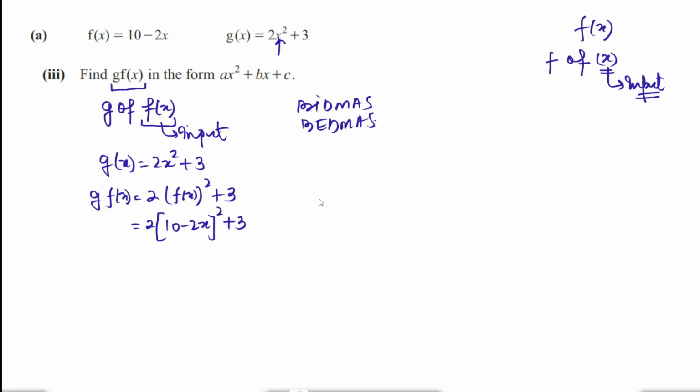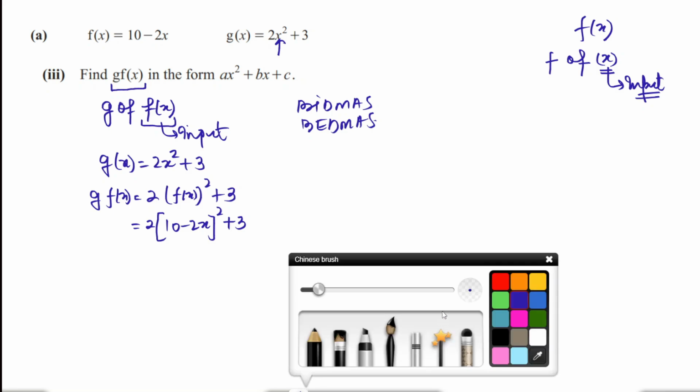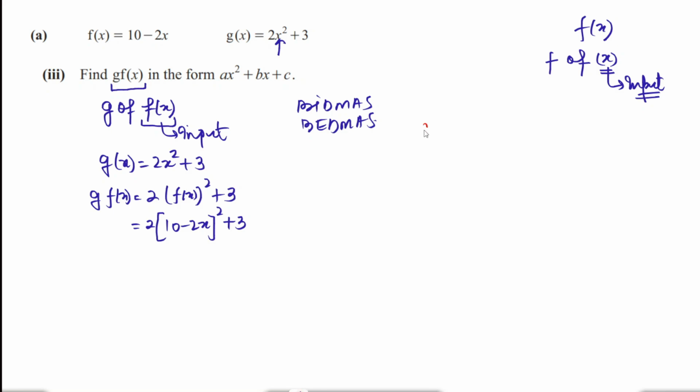The bracket can be solved using two methods. One is the algebraic identity: a minus b whole square is always a square plus b square minus 2ab. Second, if you do not know this identity, then you can multiply 10 minus 2x times 10 minus 2x one by one.